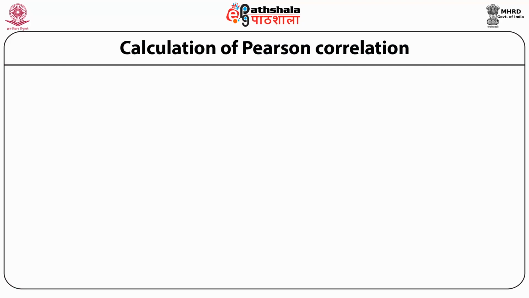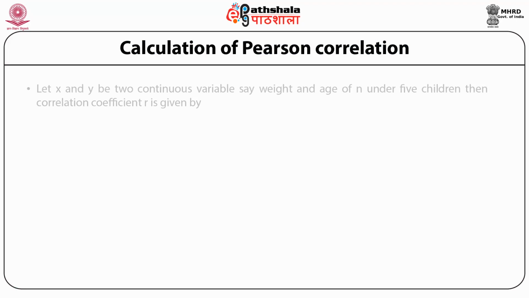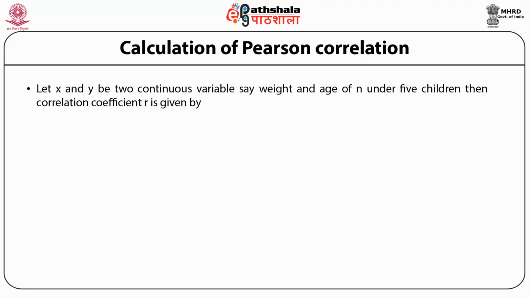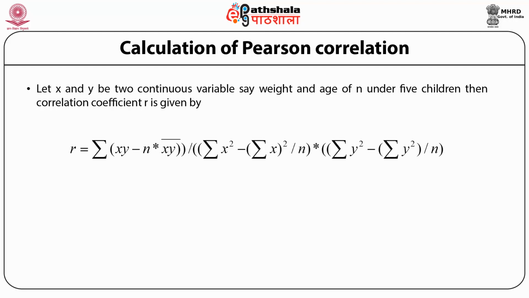This is the calculation of Pearson correlation. X and Y are two continuous data, say weight and age, and n number of cases are there. The formula is given by this: R is equal to summation of xy minus n into x bar into y bar, whole divided by the square root of variance of x into variance of y.